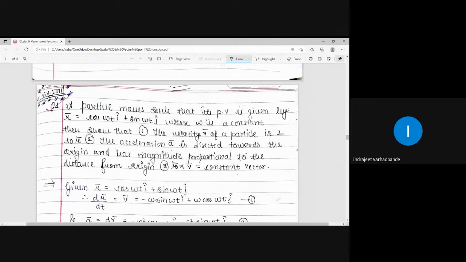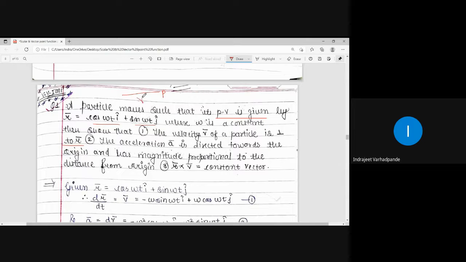Example number 1, this is a very important one. A particle moves such that its position vector is given by r bar is equal to cos omega t i plus sin omega t j, where omega is a constant. Show that the velocity v bar of the particle is perpendicular to r bar. The position vector is the distance OP, where O is the point of reference and P is any point at x, y, and z.